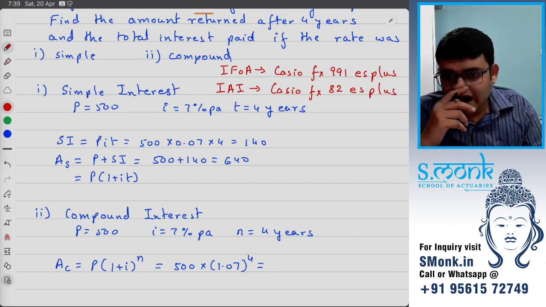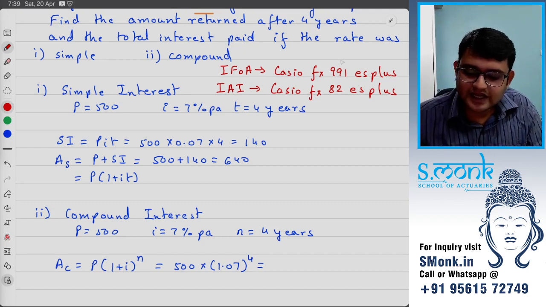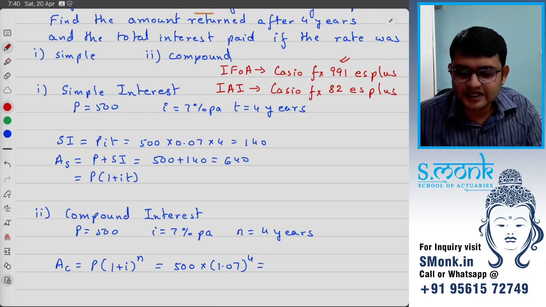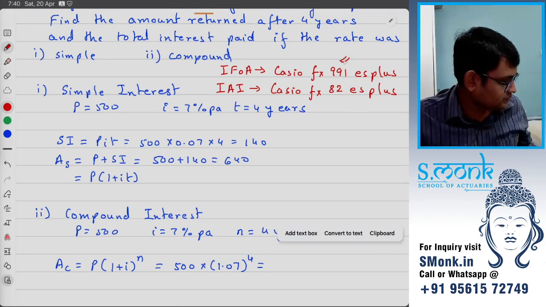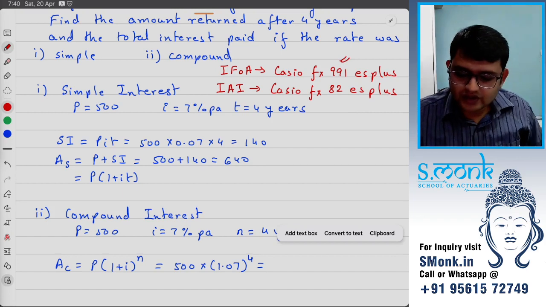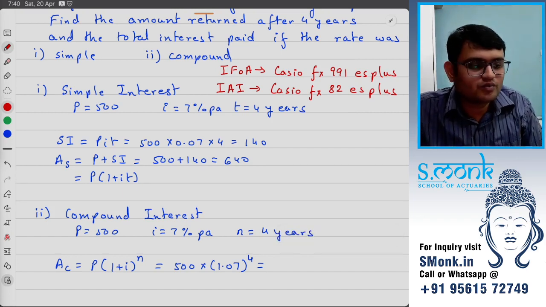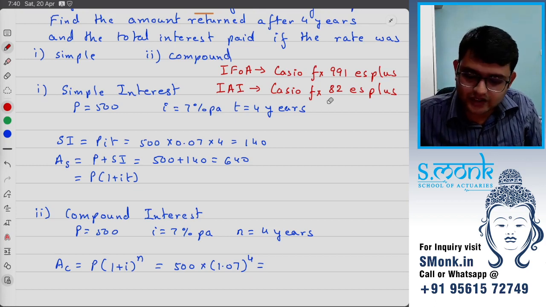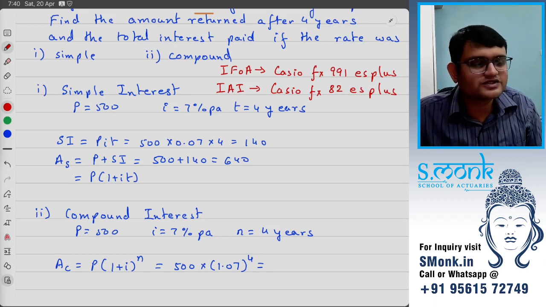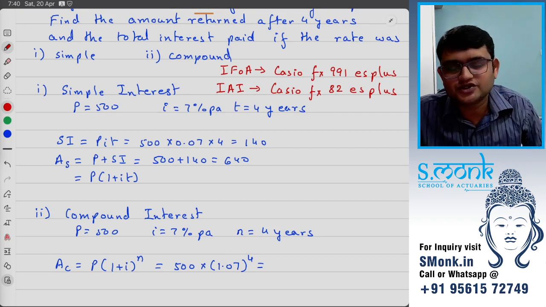Now both are very similar in functionality as well as looks, but clearly 991 will have more functionality than the 82. Okay, so 991 will have more functionality than 82, but these are the calculators that are allowed. So we'll buy these particular calculators according to the institute.